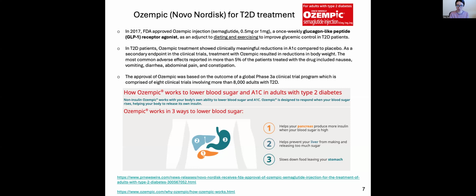So that's what slowing down food leaving the stomach can help with in terms of clearing the nutrients, mainly the glucose, in our blood.